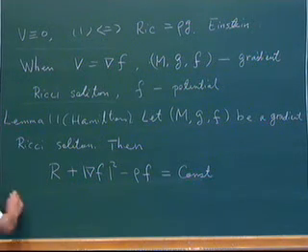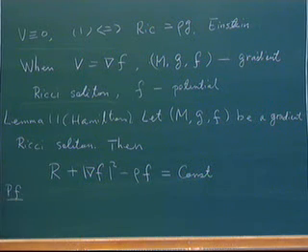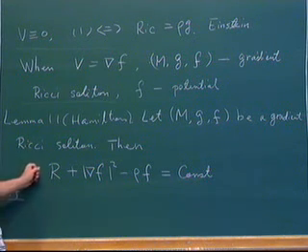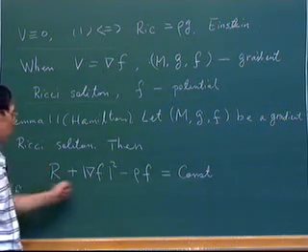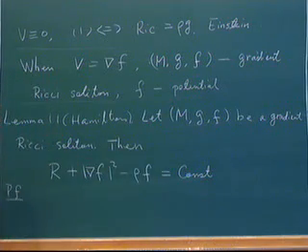The proof is like this. First, we need to prove this is constant. We need to prove that the derivative of this function is 0. So we first need the following.